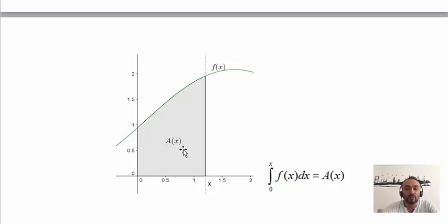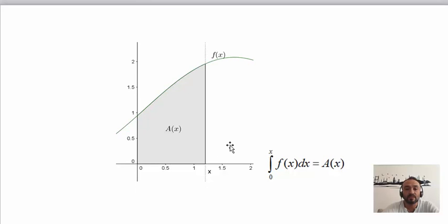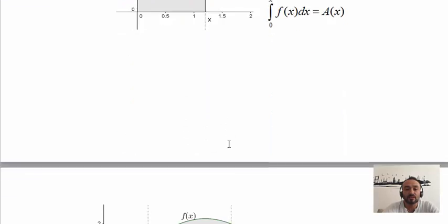Now we don't know what the function A(x) is. A(x) just represents the integral of a fixed function from 0 to x. If we find out what A(x) is, we can calculate any integral by using this approach.